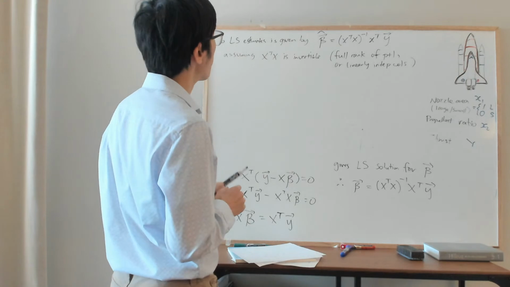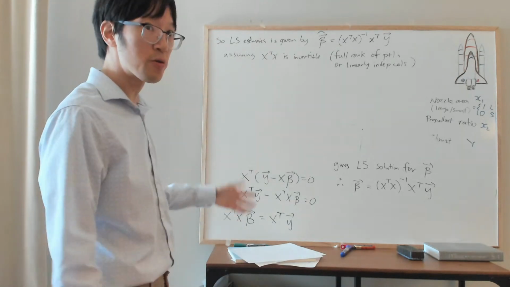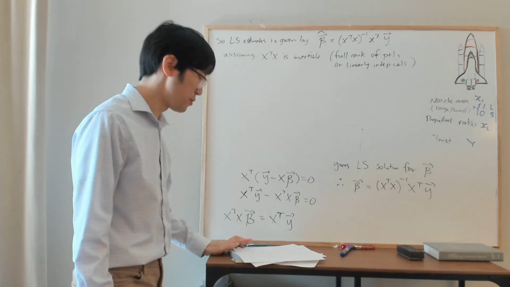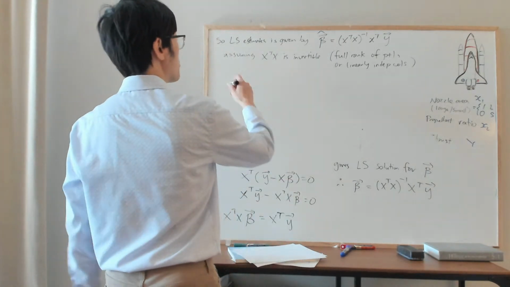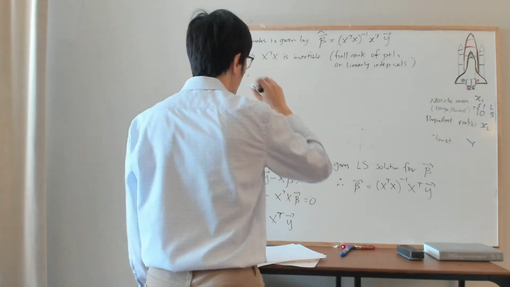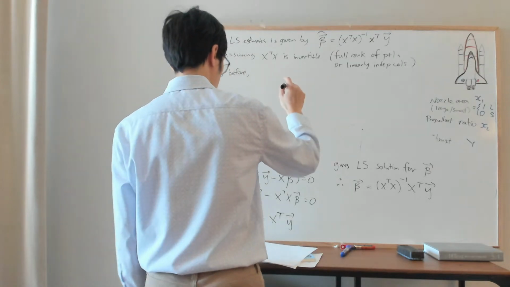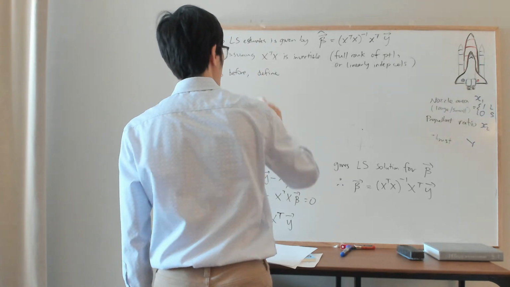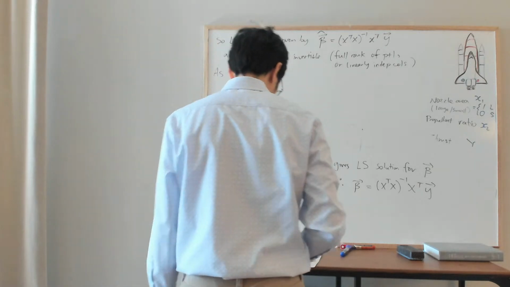Okay, so as before, let's now move on to the residuals and also the estimates for the residual variance, sigma squared. Let's define the residuals. The residuals, of course, are defined in terms of the fitted values.